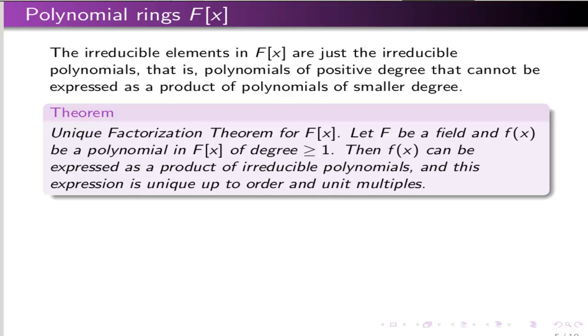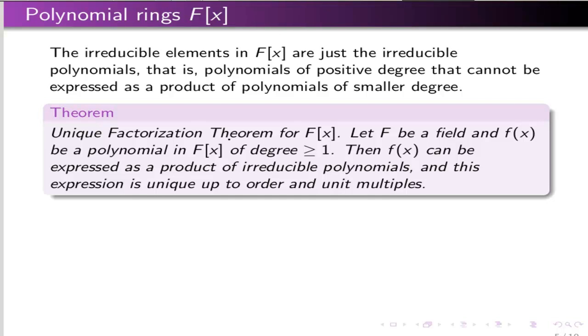And then for the polynomial rings, this should be a familiar theorem from algebra. Irreducible elements are just irreducible polynomials. That is, polynomials of positive degree that cannot be expressed as a product of polynomials of smaller degree. So the example I just stated on the previous slide we can state as a theorem here.